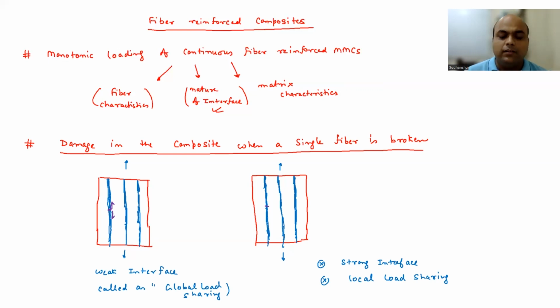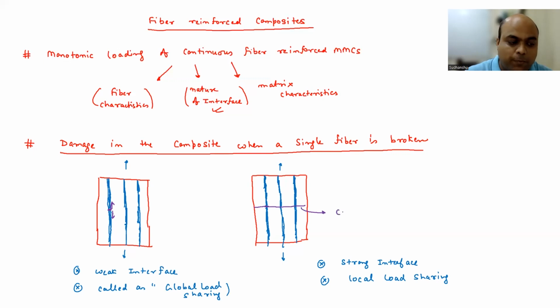In the second case where the interface is strong, as soon as your fiber is fractured, you are going to see continuous fracture of other fibers and more or less a flat failure you are going to observe.